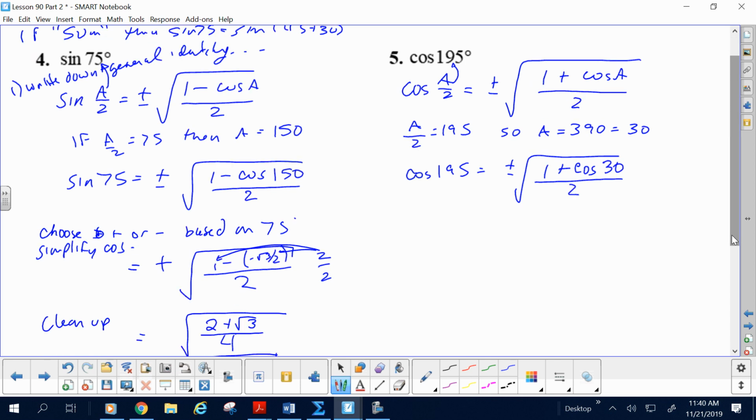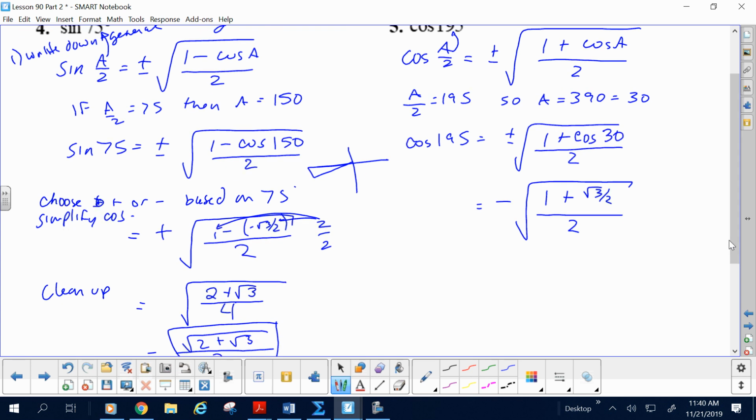Now we're going to choose plus or minus. Cosine of 195. What quadrant is cosine of 195 in? Third. Is cosine positive or negative? Negative. So we're going to say it's negative square root of, what is the cosine of 30? Root 3 over 2, over 2.